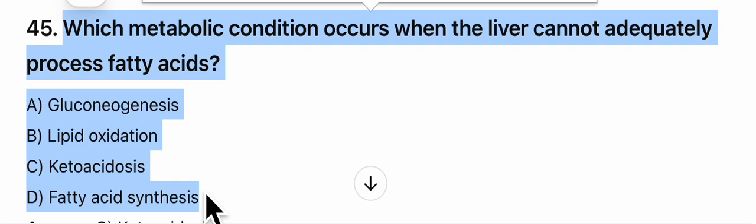Which metabolic condition occurs when the liver cannot adequately process fatty acids? A. Gluconeogenesis. B. Lipid oxidation. C. Ketoacidosis. D. Fatty acid synthesis.